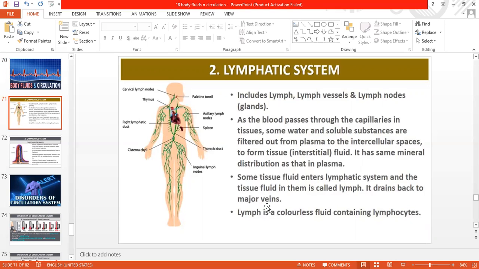It drains the extracellular fluid back into the vein. Children, lymph is a colorless fluid because it does not have RBC. RBC cannot pass through the capillaries, so it is colorless and it contains lymphocytes, that is a type of WBC you have already studied.